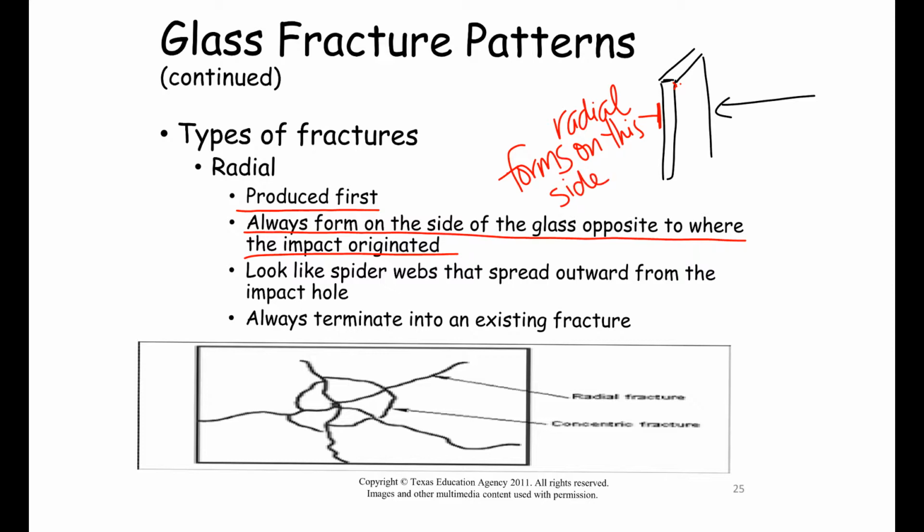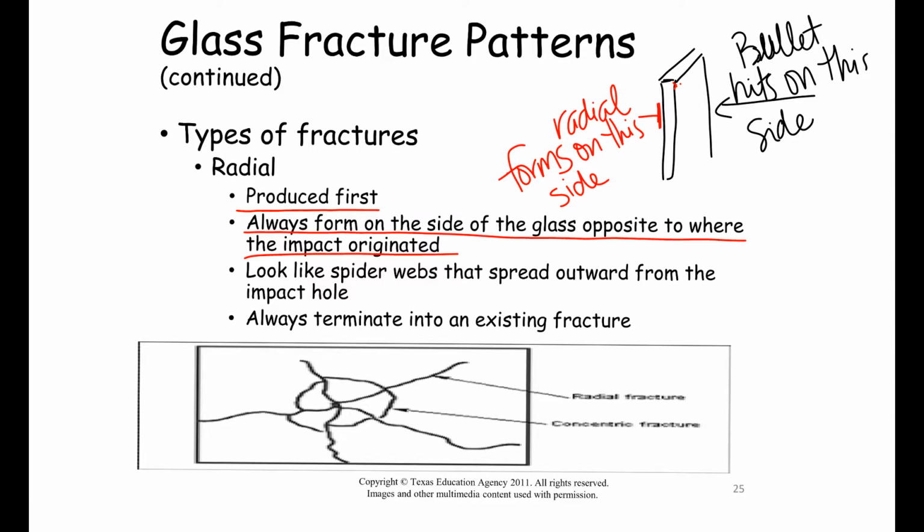The bullet will hit on this side. So the radial pattern forms on the opposite side from where the bullet hits.